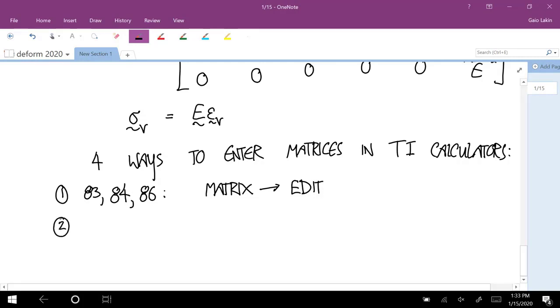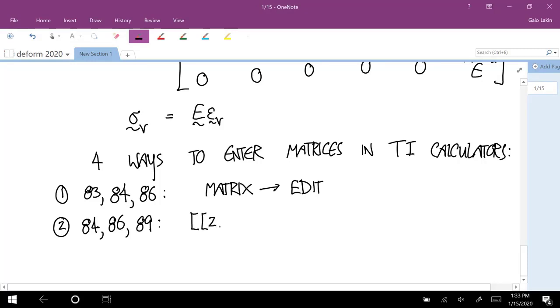The second way to do it, which I think works for 84s, and I think works for 86s, but not 83s, and I know it works for 89s, is to use a square bracket to represent the start of the matrix, and then square brackets for each row of the matrix.